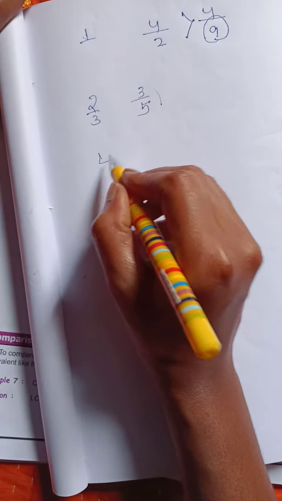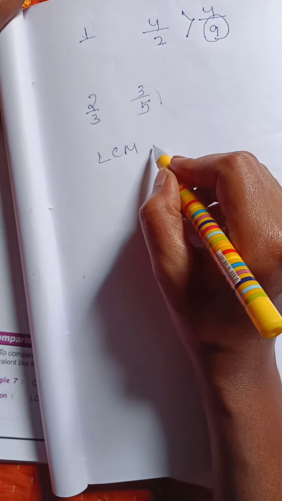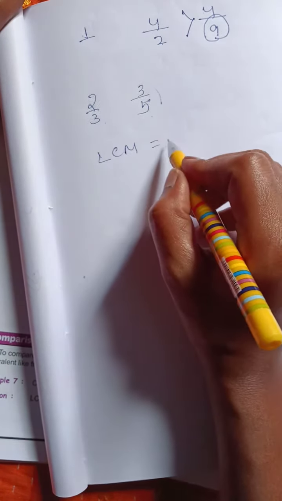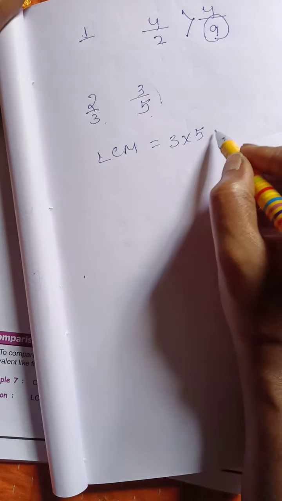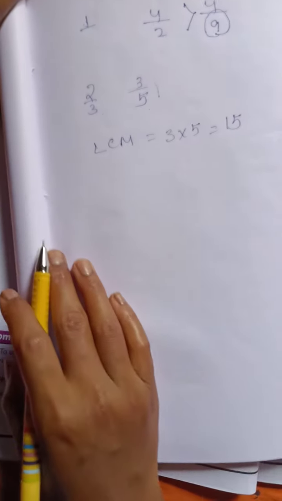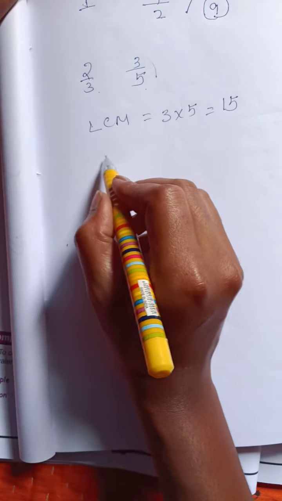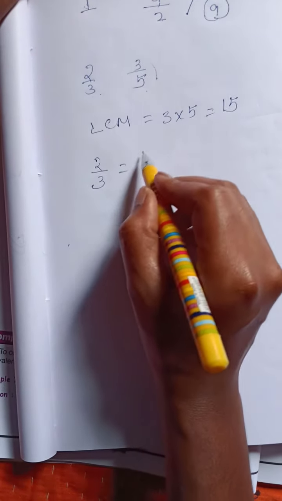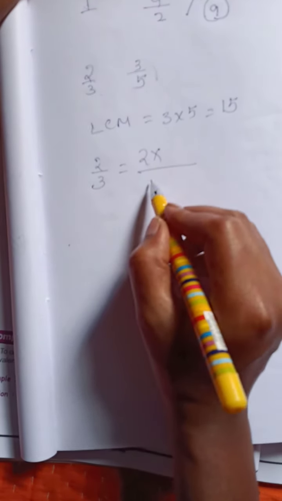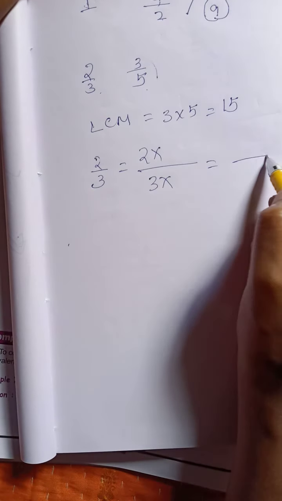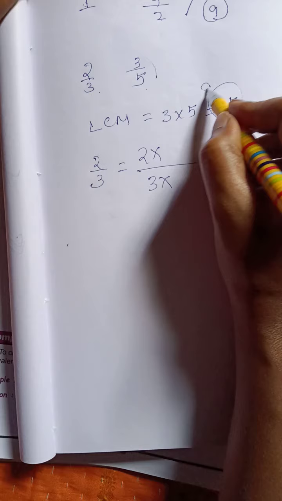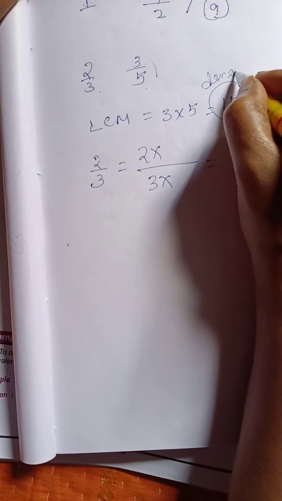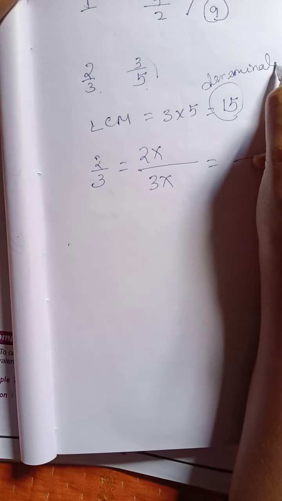First you have to calculate the LCM of the denominators. 3 into 5 is equal to 15. Now you will write like this: 2 by 3 is equal to 2 into something by 3 into something, where 15 is your denominator.